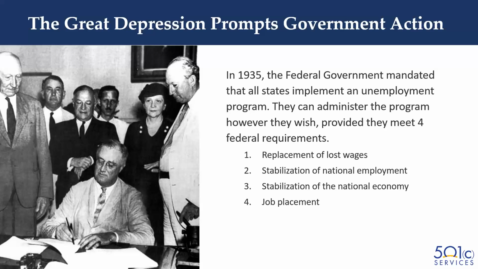The second federal requirement is stabilization of national employment. And so this objective creates an incentive to the employer to retain their workforce by taxing them or charging them on their prior unemployment experience. The next one is stabilization of the economy.